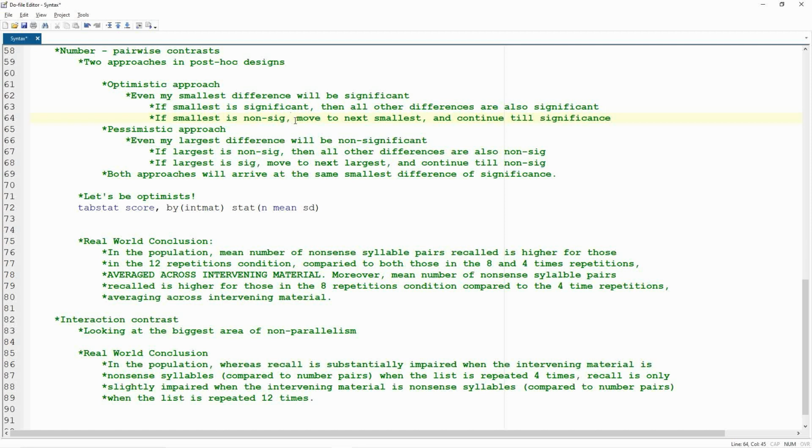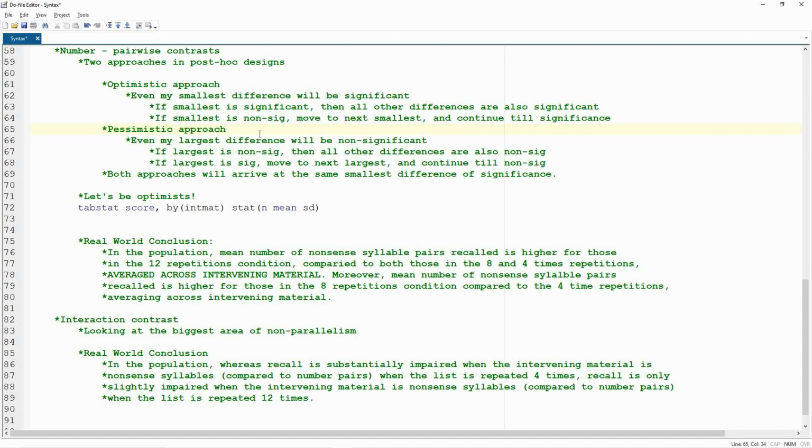And so then I will test the next smallest, so slightly larger, the next closest to being smallest, test that difference. If that's non-significant, I move to the next, and the next, until I find significance. Once I find a difference that is significant, then I can say, well, everything larger than this must be significant. Everything smaller is non-significant, and everything that is a difference equal to this or higher is also significant.